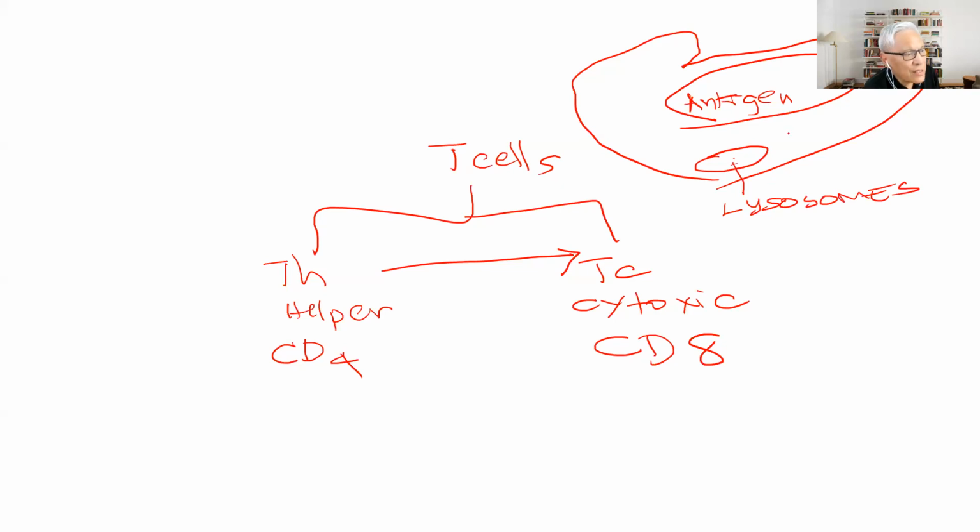They release their enzyme, and once they release it, it kills this antigen, but it also kills itself. So it's a suicide mission. When CD8 cells inactivate an antigen, they're not only killing the antigen, but they're also killing themselves.